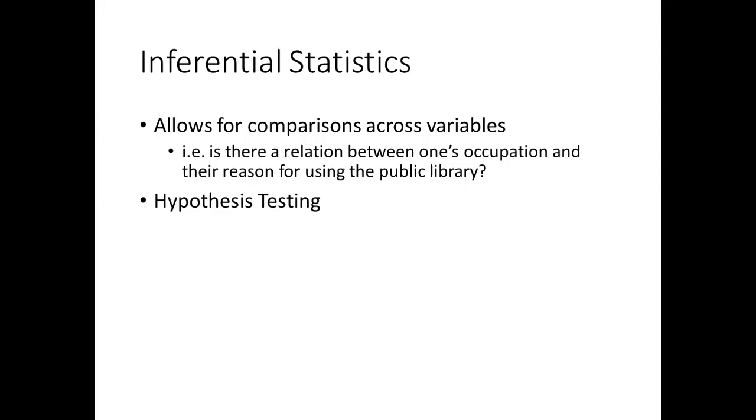Depending on the scale of measurement, we could use a chi-square statistic or a correlation statistic to check if there's an association or relationship between one's occupation and the reason for using a public library. All right. So inferential statistics allows for comparison and also for hypothesis testing.